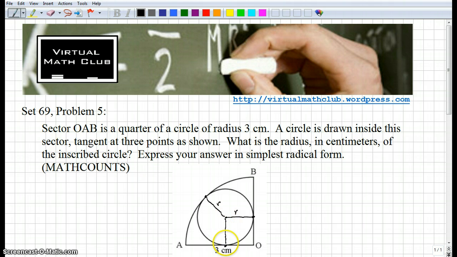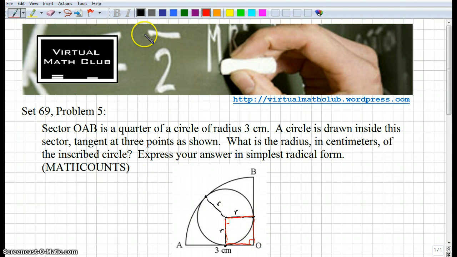And you can see that down here in this lower right hand corner we have a square, because we know this is 90 degrees and this is 90 degrees, so we have this square down here.